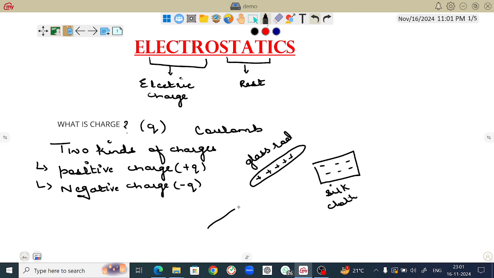Similarly, when a plastic rod is rubbed with a wool cloth, the plastic rod develops negative charge while the wool cloth gets positive charge.